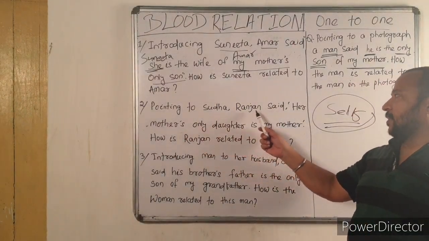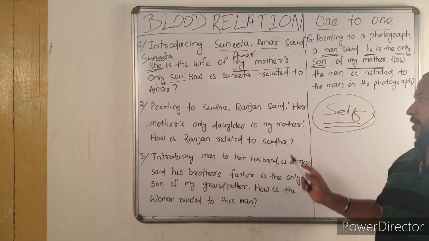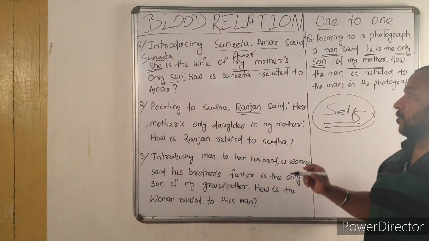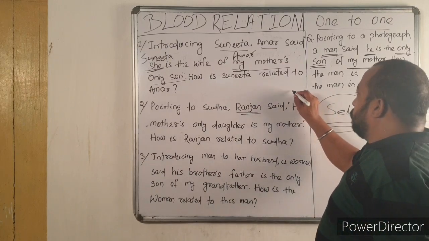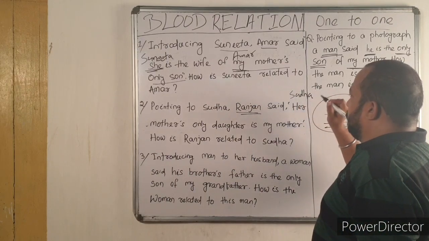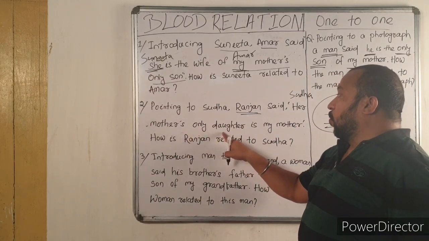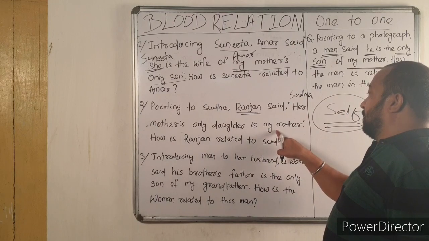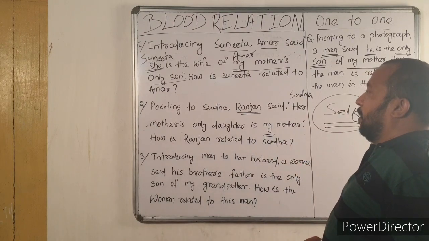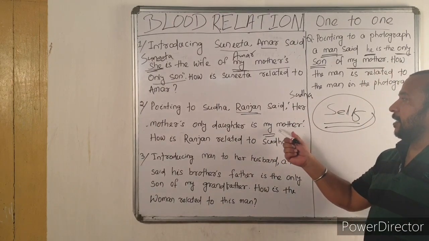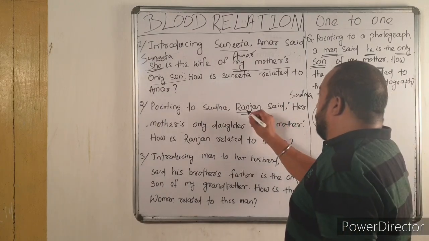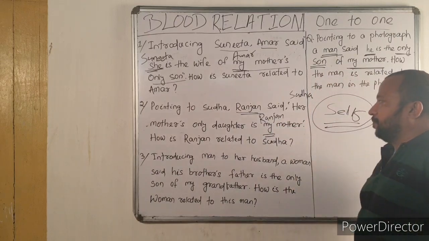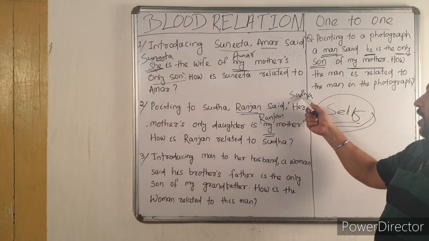Pointing to Sudha, Ranjan said, "Her mother's only daughter is my mother." Who said? Ranjan Singh. Her means Sudha. Here the word "only" will come: her mother's only daughter. My means Ranjan, so write down Ranjan.